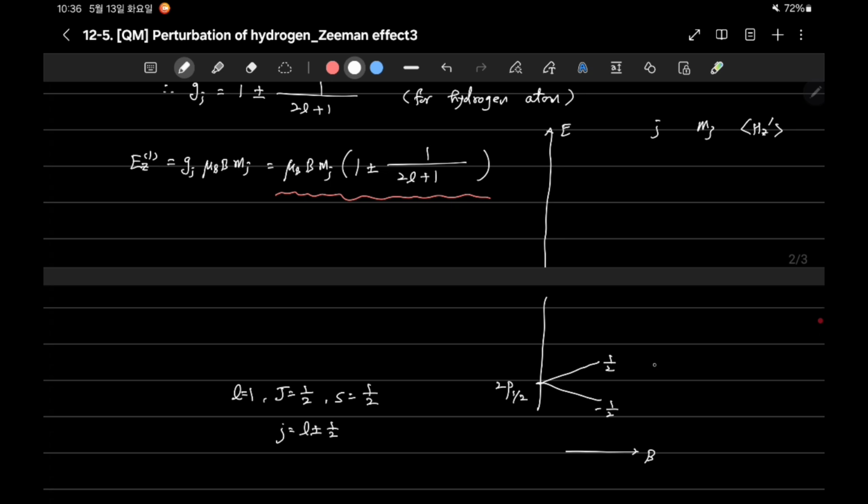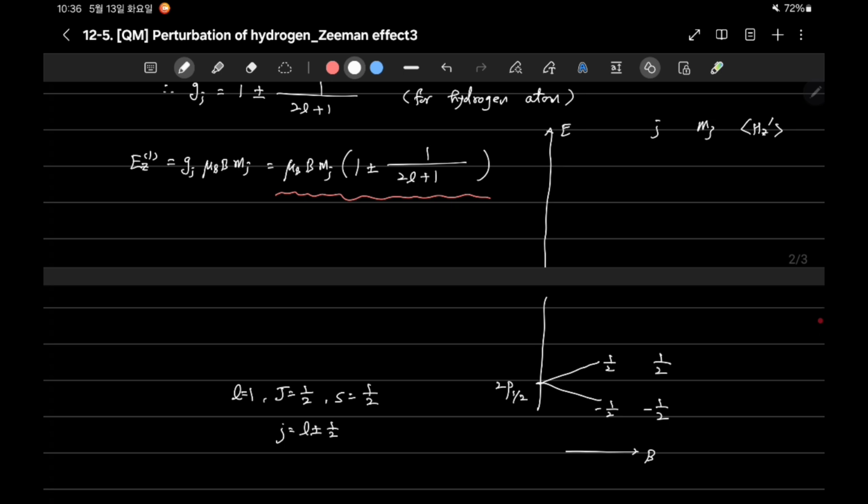In this case, m_J is also 1/2 and minus 1/2. Then when we insert here, because L equals 1, it is 1 plus or minus 1/3.